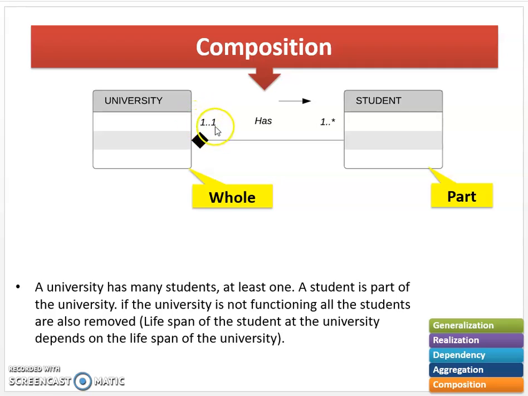And to show the relationship, we will draw a filled black diamond by the whole part. In this case, the university is a whole, a student is a part. If the university is not functioning, all the students are also removed. That means that the lifespan of the student at the university depends on the lifespan of the university.